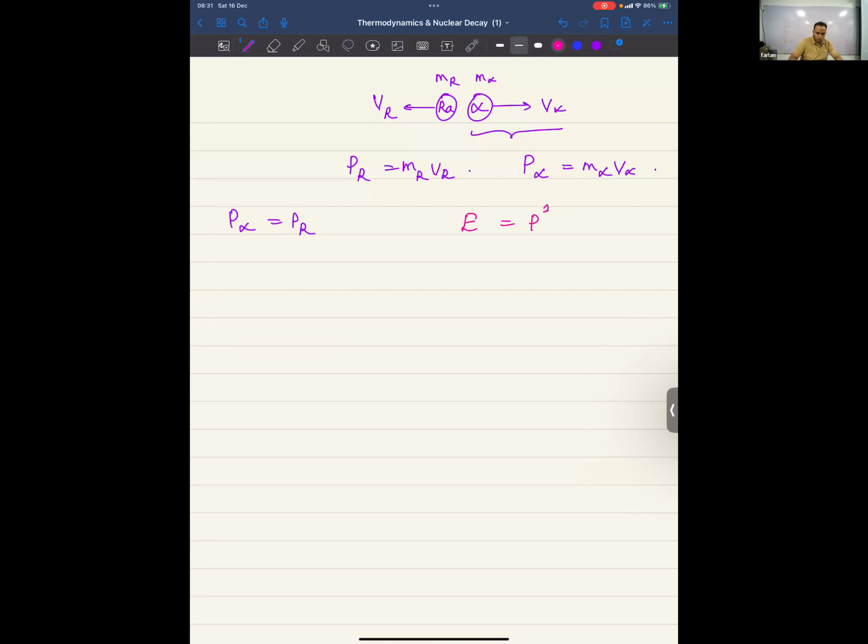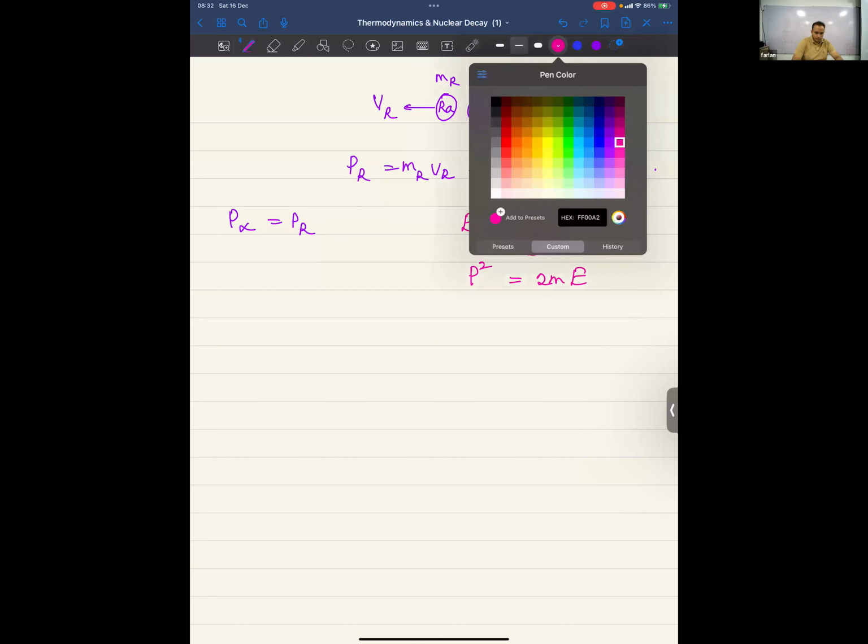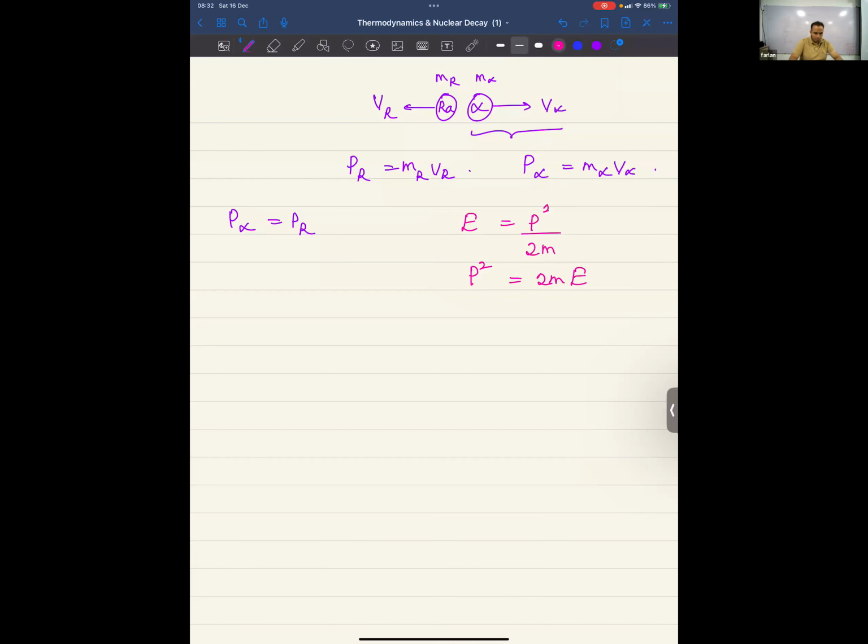And you remember this equation, E equals P square over 2M. Kinetic energy and momentum relationship is P square over 2M. Then, if I cross multiply, P square equals 2ME. Okay. So now, since both the particles have the same momentum, do you understand that 2 M alpha E alpha should be equal to 2 MR ER.